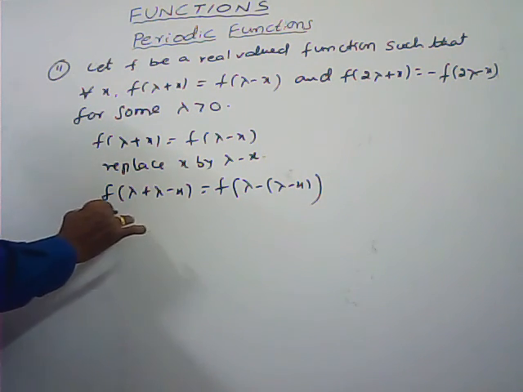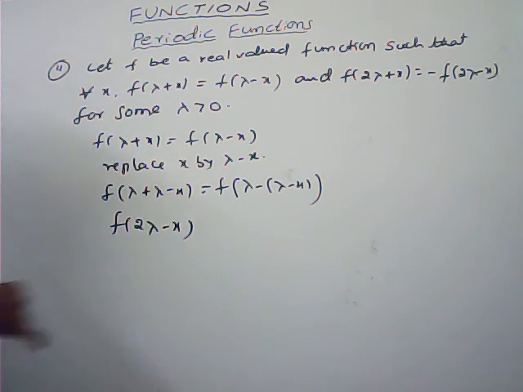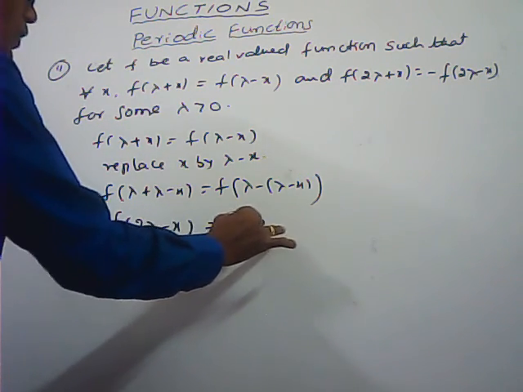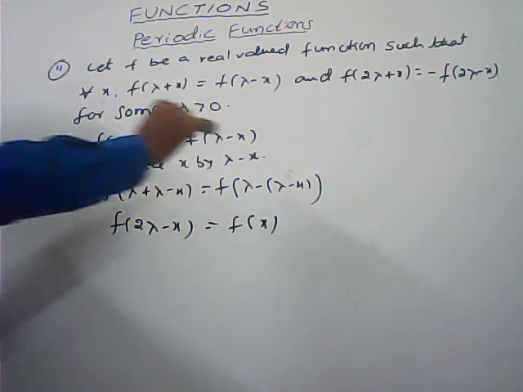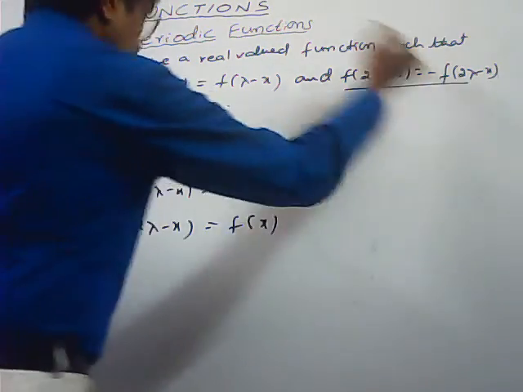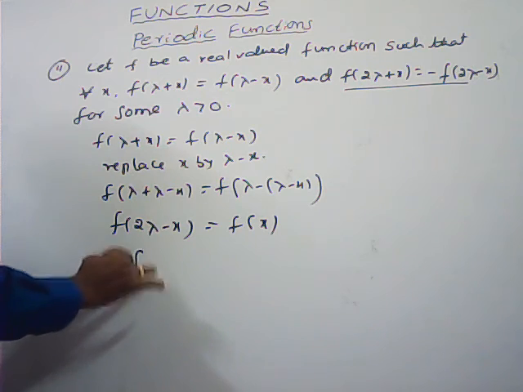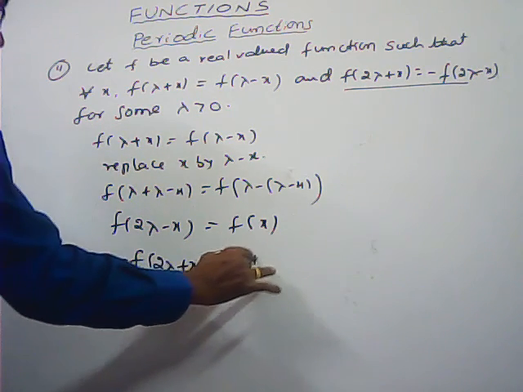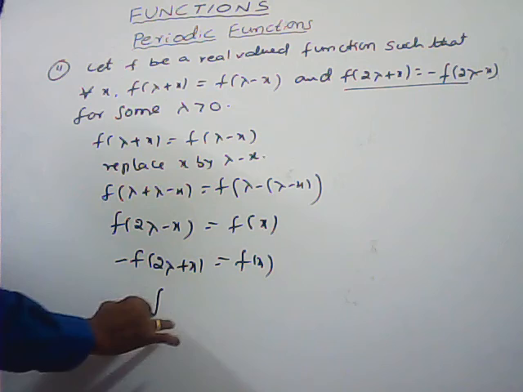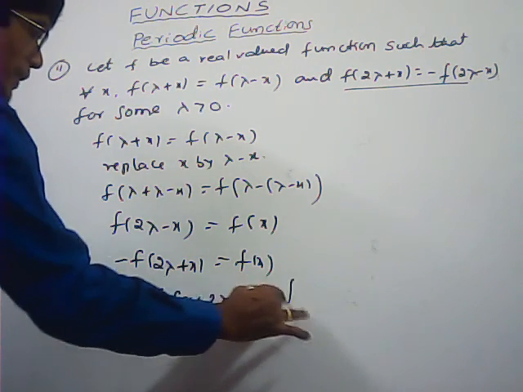So this is f of 2 lambda minus x, that is equal to f of x. And one more thing is also given here: f of 2 lambda minus x is equal to minus f of 2 lambda plus x, that is equal to f of x. So that is in the form of f of x plus 2 lambda is equal to minus f of x.